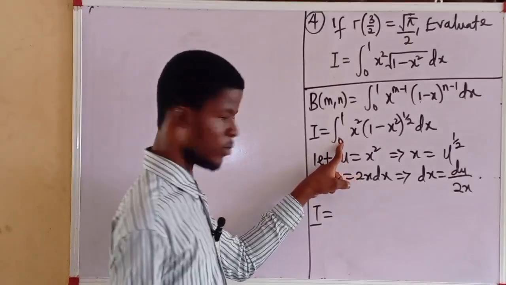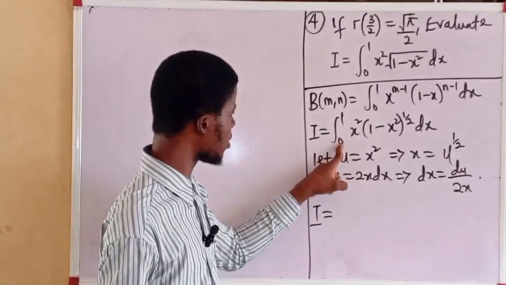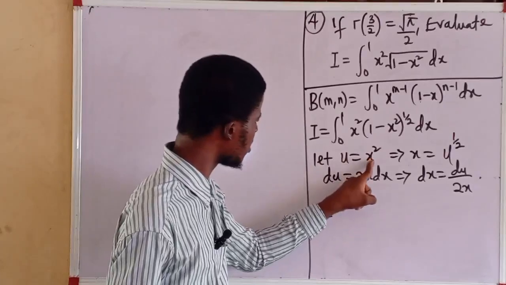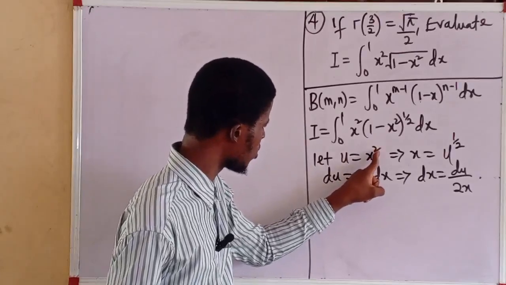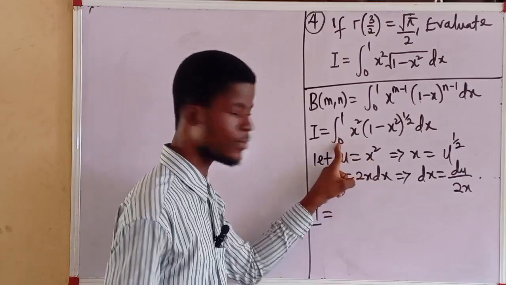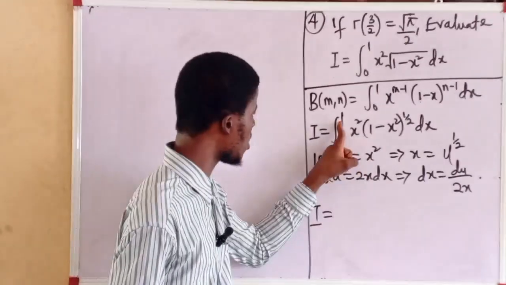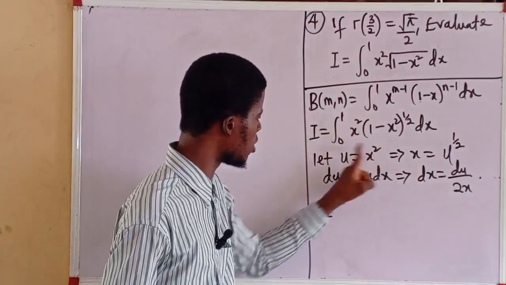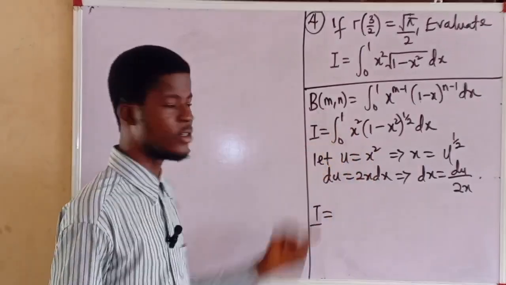So we can write this integral now as I is equal to, let's ensure the limits are in order. When x is 0, 0 squared is still 0, so u is equal to 0. When x is 1, 1 squared is 1, so u is equal to 1. So the limits remain.